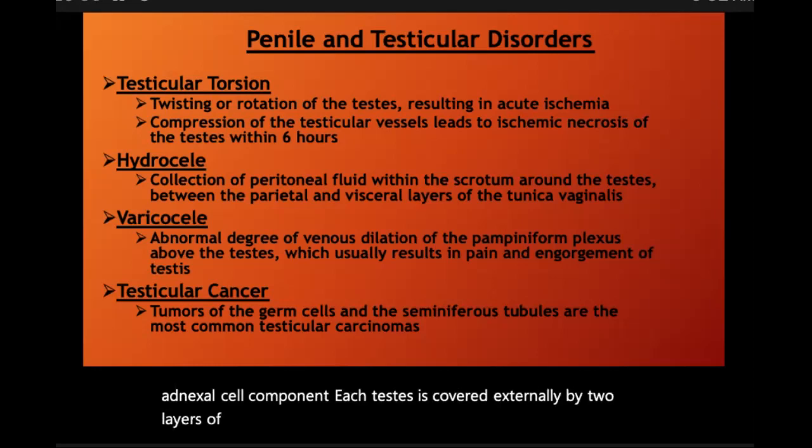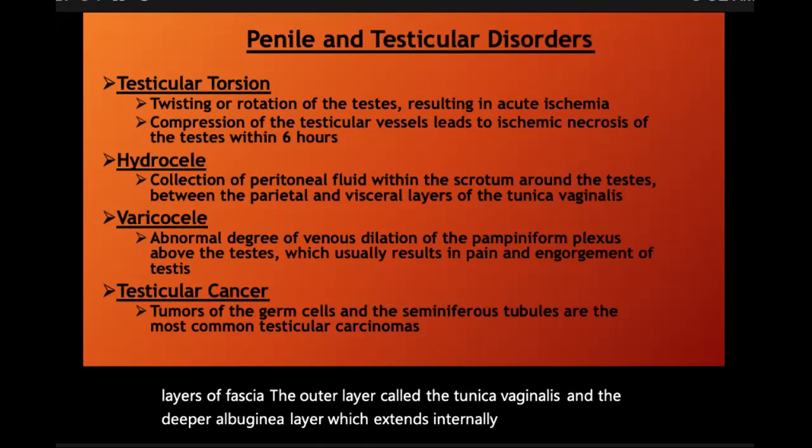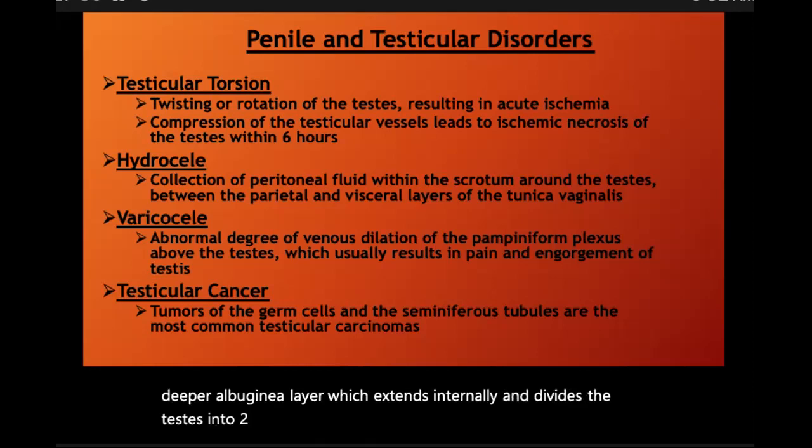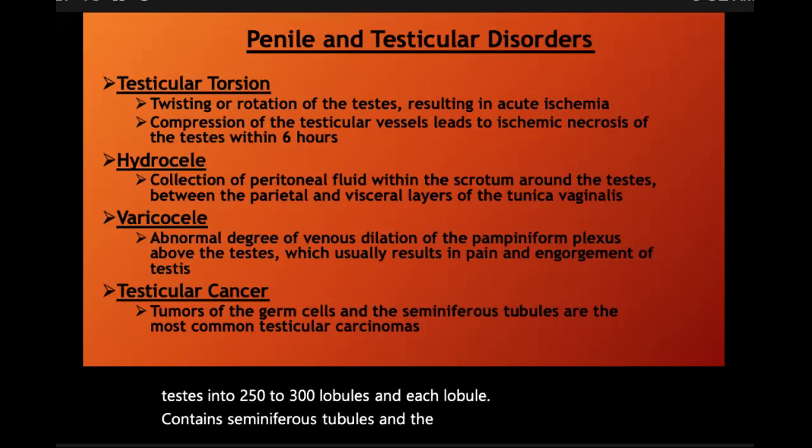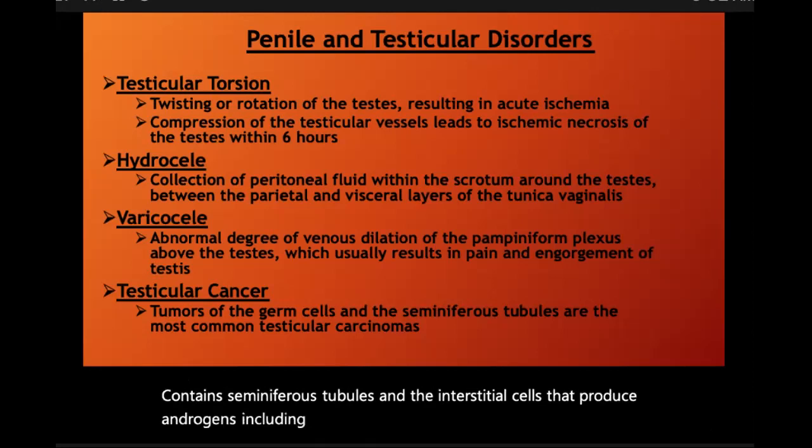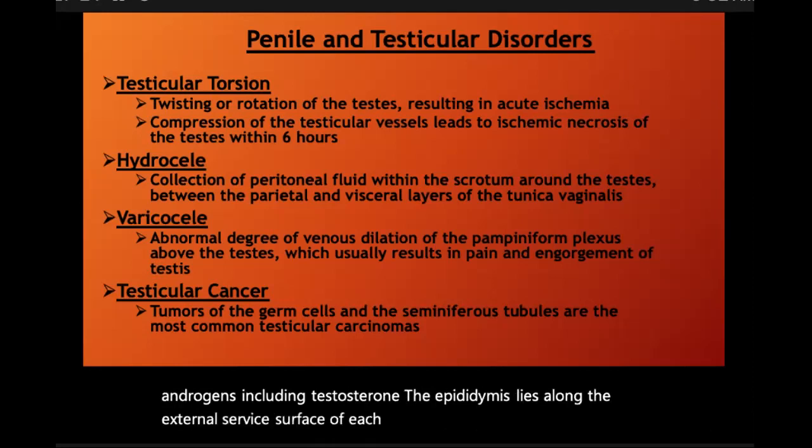The outer layer called the tunica vaginalis and the deeper albuginea layer, which extends internally and divides the testes into 250 to 300 lobules, and each lobule contains seminiferous tubules and the interstitial cells that produce androgens, including testosterone, okay? The epididymis lies along the external surface of each testis and is the site of sperm maturation and storage.